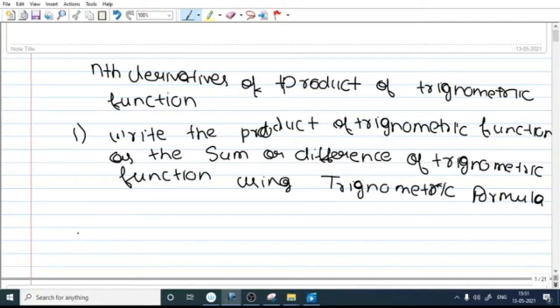In the question, two trigonometric functions will be multiplied. We have to use the basic formulas which you studied in class 11th and 12th and convert them into a difference or write them as a sum.